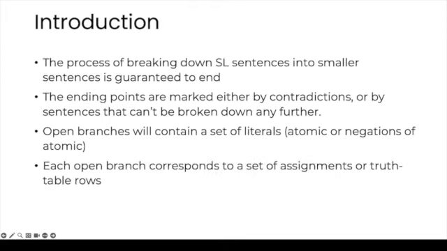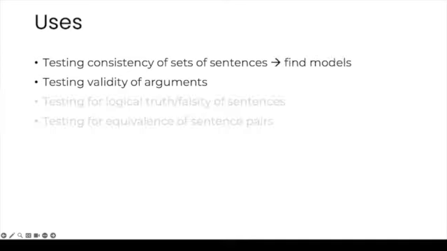Each of those open branches will correspond to a way of making the sentences in the initial set true. That is, each of them corresponds to a set of assignments or to a set of rows in a truth table. We use truth trees as a mechanical method to test primarily for consistency of sets of sentences, but also in order to determine other properties such as validity and invalidity and all the rest.